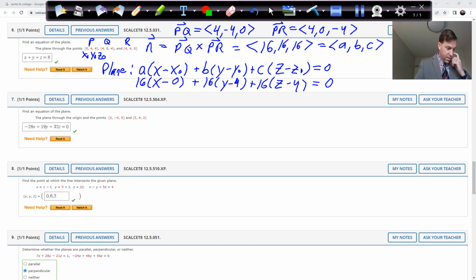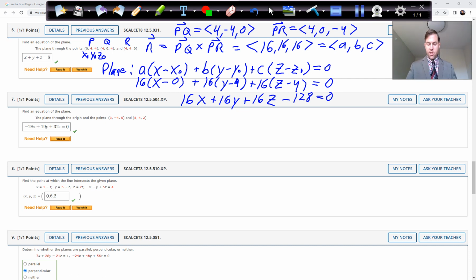And it takes a little bit of algebra. You have to distribute these 16s into all these numbers, combine like terms, and you should get 16x plus 16y plus 16z minus 128 equals 0. So 16 times minus 4 is negative 64, and 16 times minus 4 is negative 64. Those combine to minus 128.